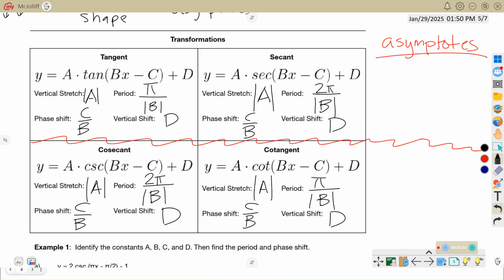So both of these are getting that sideways shift of C over B. So if I want to figure out where my asymptotes are, I start with that shift. They're both going to start with C over B plus.